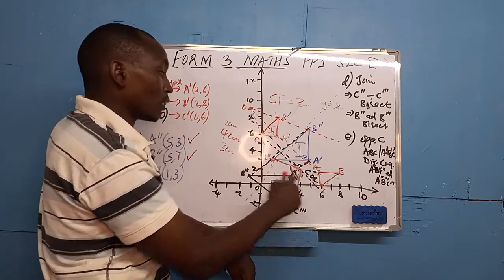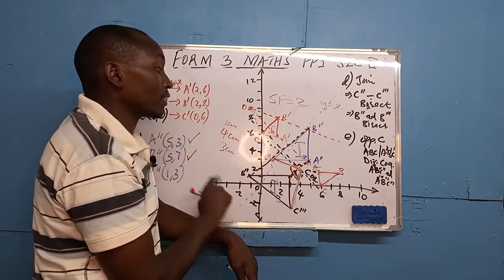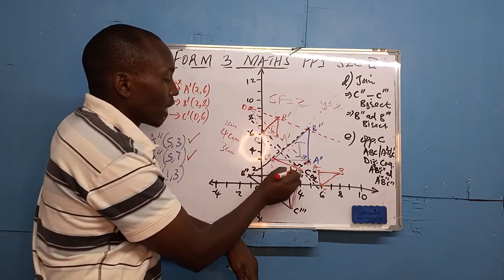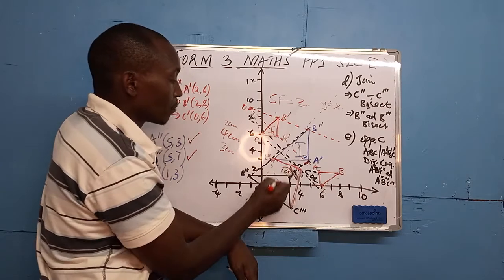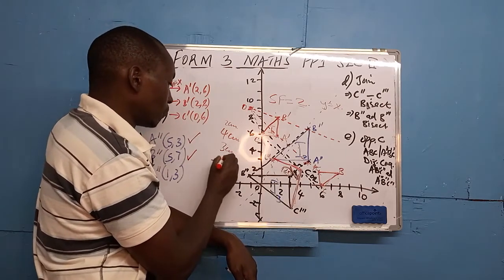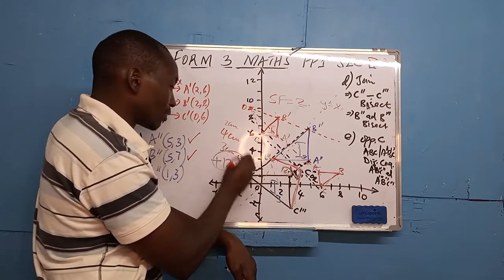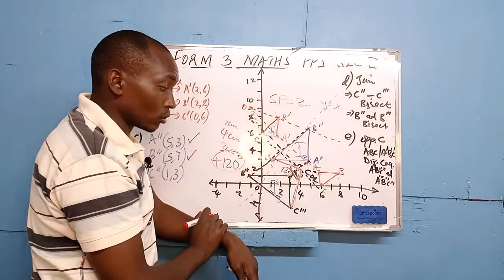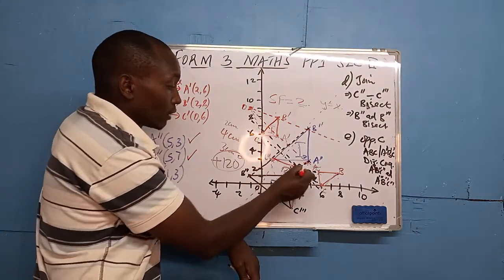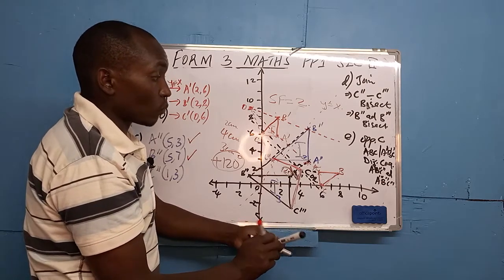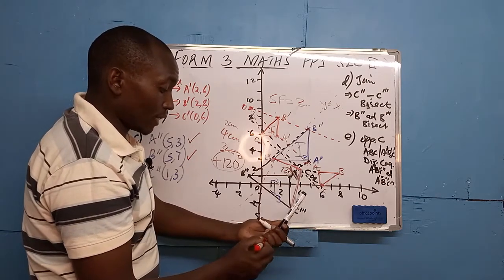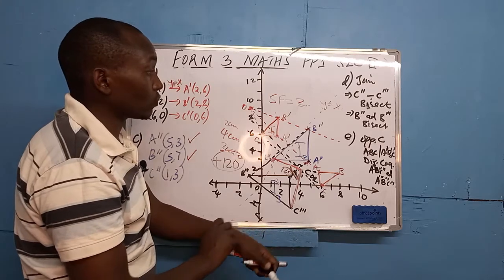That means it's going anti-clockwise. Anti-clockwise, the angle will be positive. Whatever angle you measure here, maybe it is 110, 120 maybe, so it will be positive 120 degrees rotation. That's the angle of rotation. Then, of course, the center of rotation is as indicated there. What I'm doing is to offer you a good guide that can help you do this question.